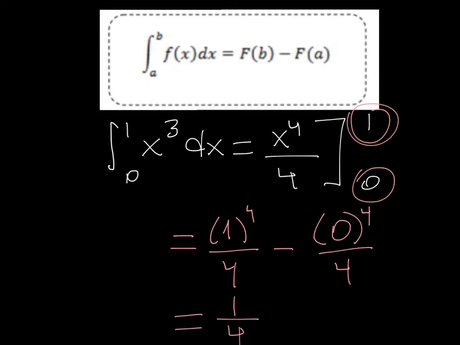Okay? Very important thing is the interpretation of this integral. This 1 over 4 is units squared because it is the area under the curve between the two limits of integration.